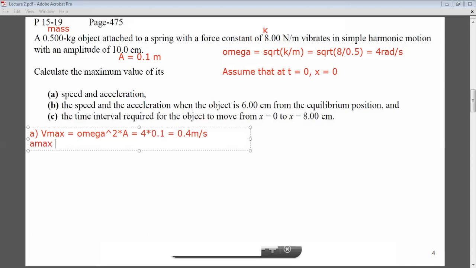Sorry, this is v maximum. Now a maximum is omega squared times A. This is equal to 16 times 0.1, which is equal to 1.6 meter per second squared.